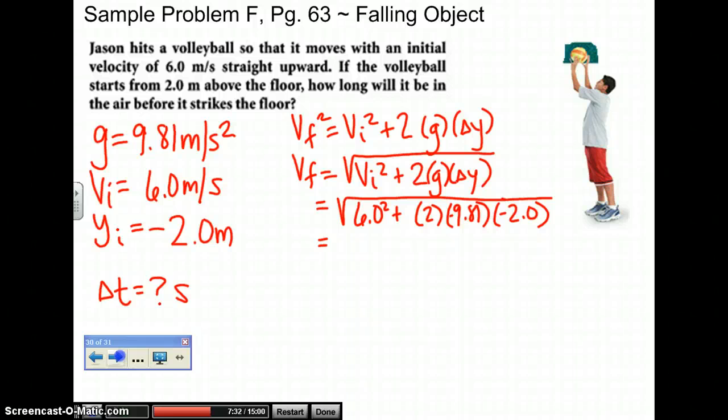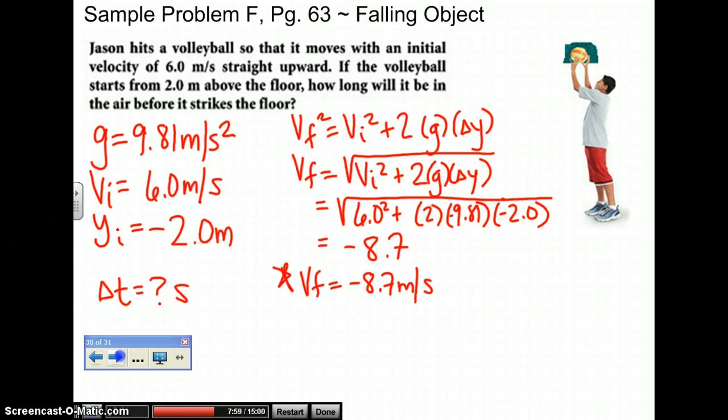So 6 squared equals, second answer plus 2 times 9.81 times 2.0. Those negatives are going to give you a positive answer anyways. Okay, get that answer, square root, second answer, equals. On your calculator, you should see a negative 8.7. So this is going to give us a final velocity of negative 8.7 meters per second. That's not our final answer, so we're just going to star it.